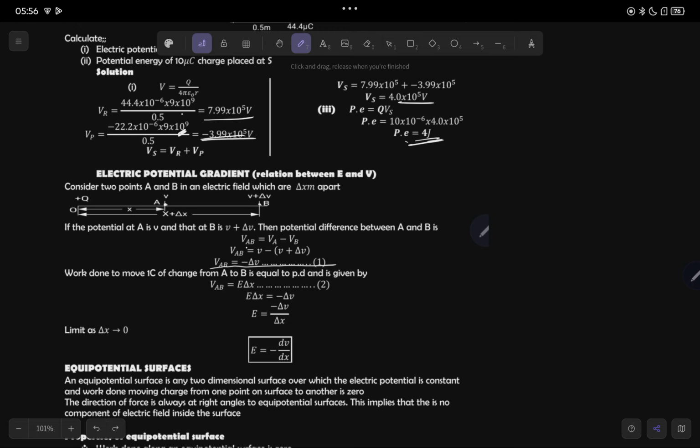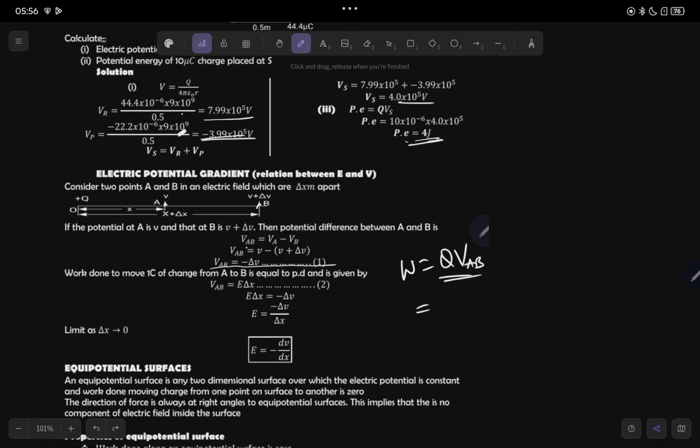Now, the work done to move 1 coulomb charge from A to B. A is here and B is there. If you're moving 1 coulomb charge from A to B, remember that the work done is QV, where V is the potential difference.